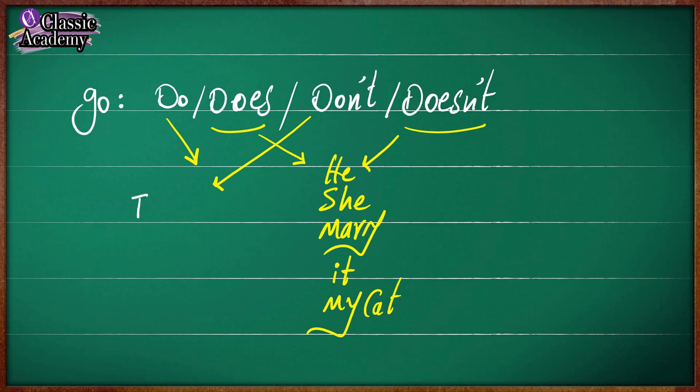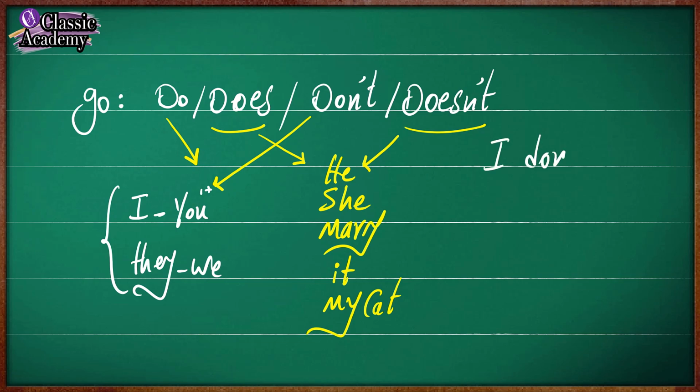Like I, you. You, maybe you're one person, maybe you are more than one person, 2 people, 3 people, a huge population. They and we. Yeah. Okay.